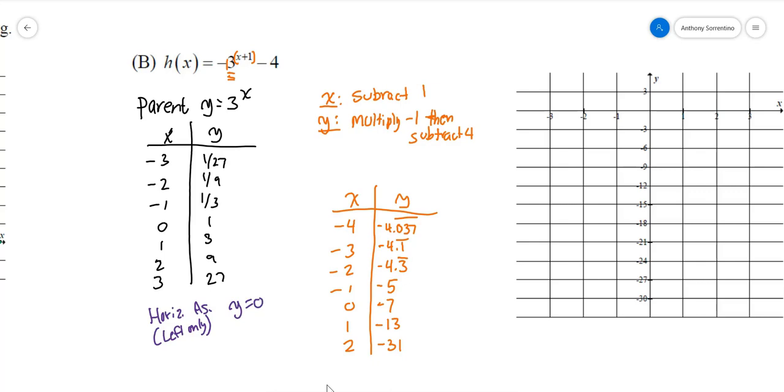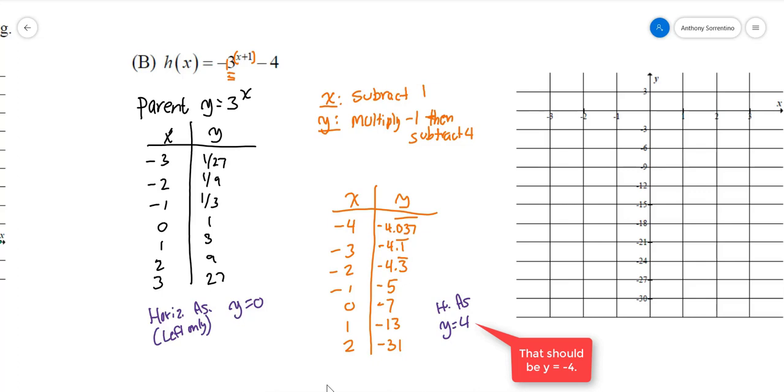Well, the fact of the matter is, since I have these transformations, if I take this, multiply by negative 1, and then subtract 4, this would have y equals negative 4 as the horizontal asymptote. And since there was really no reflection that affected horizontals, I expect to have the horizontal asymptote still be on the left only for this one.